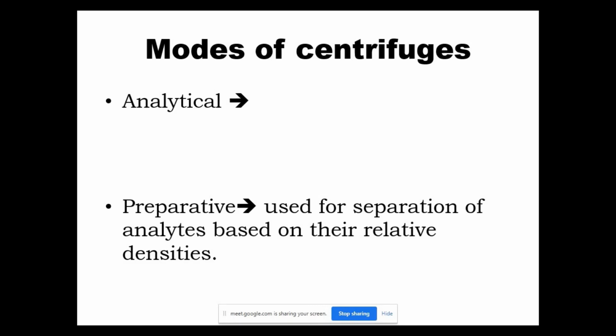Of course, the virus has higher density than water, but this difference is very small. So it will take a very, very long time to separate. In that case, what we do, I'll show you in the next slide. We use the density gradient. We put some gradients in which the virus particles will separate based on their density.